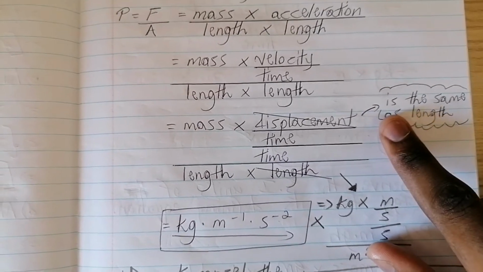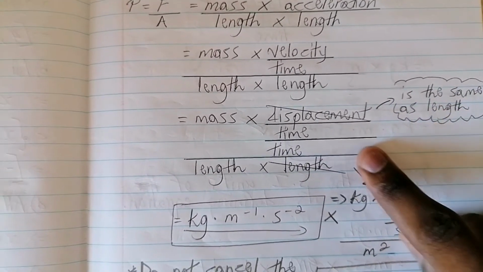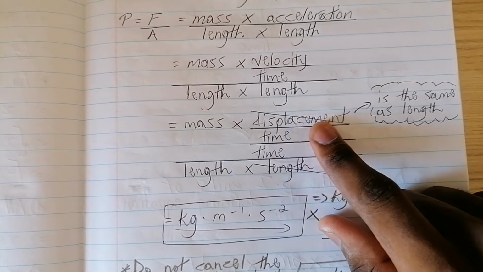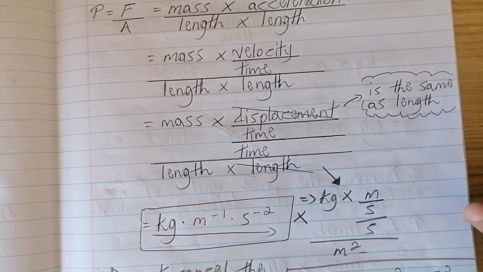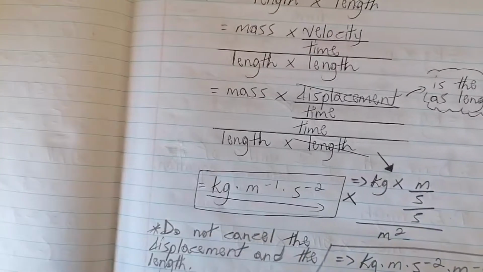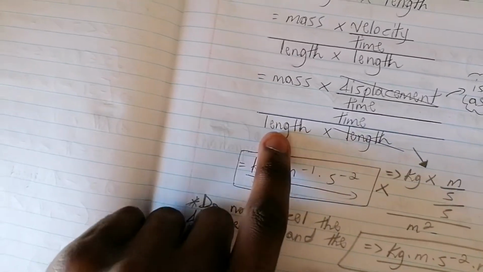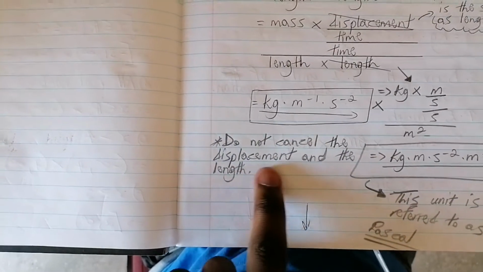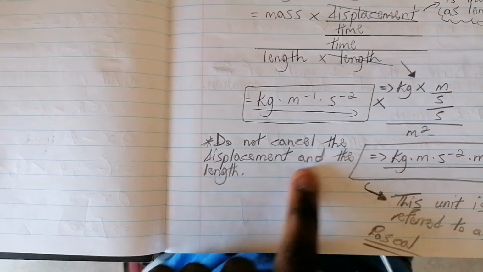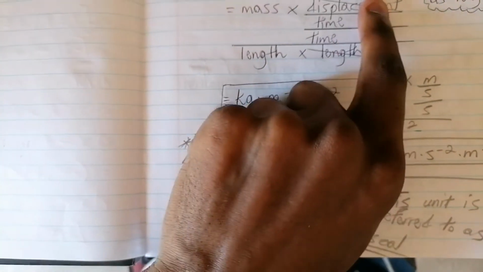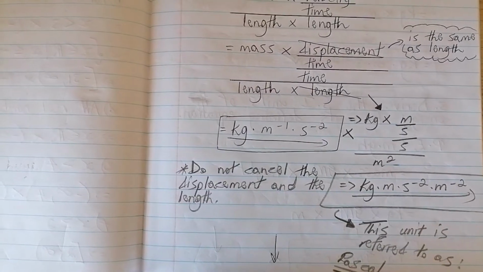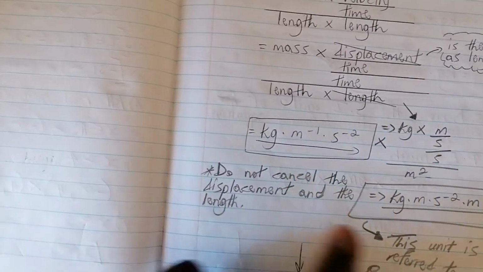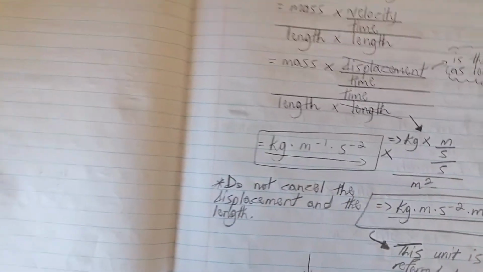Okay, so displacement is the same as length, meaning displacement is given by meter, m. So going forward, we still divide by length multiplied by length. Please do not try to cancel the displacement and the length. Do not try to do this. It was a simple mistake, okay? You do not do that. Instead, what you do is this.